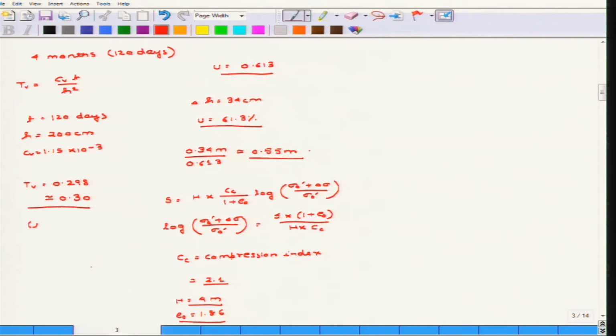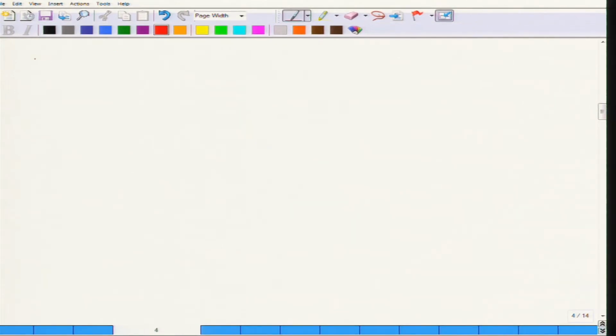And now you already know that the total settlement is 0.55 meter, corresponding to 61.3% consolidation for a settlement of 34 centimeter. So, just plug in the values and you will get log of sigma naught dash plus del sigma by sigma naught dash as 55 into 2.86 divided by 4 into 100 into 2.1, which is equivalent to 0.187.